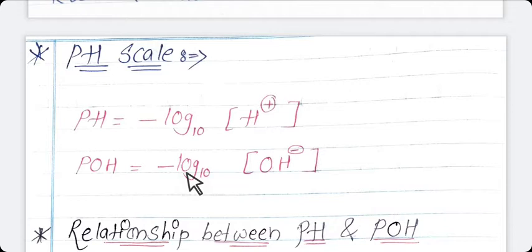So pOH of a solution can be defined as the negative logarithm to the base 10 of the molar concentration of OH minus ion in solution.